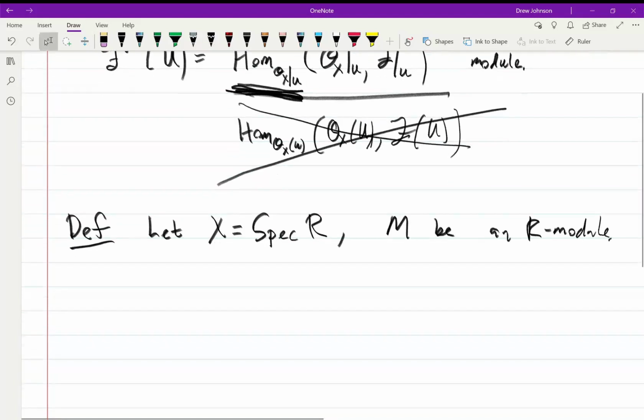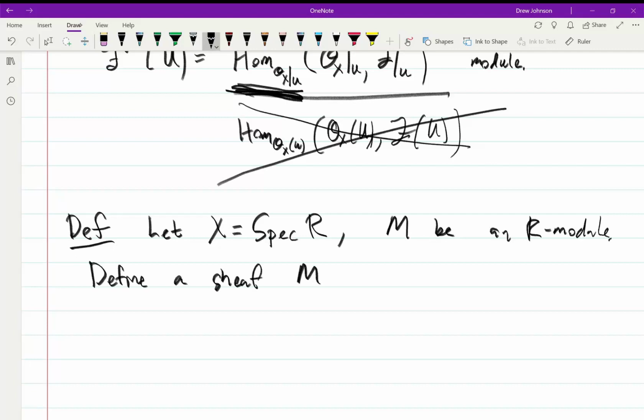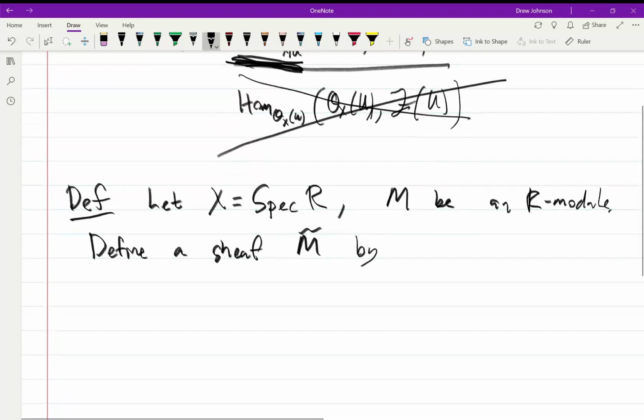We're going to define a sheaf on X, an OX module, and we'll call it M tilde, by the following.